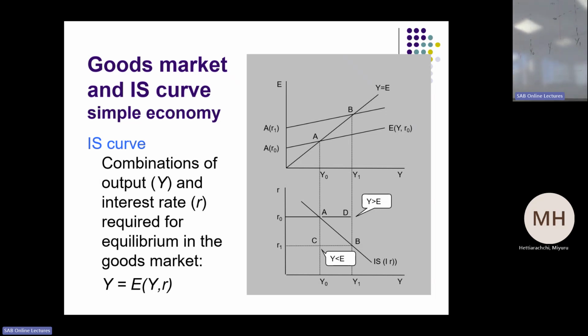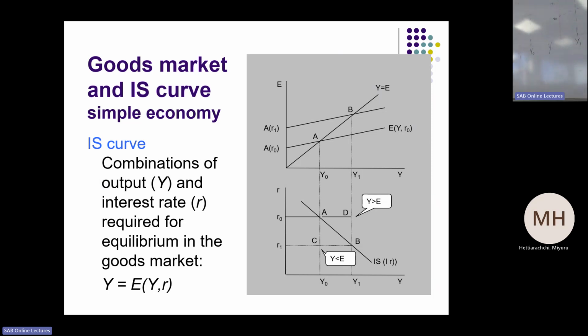So this is the R and the I, R and S, R and Y. This is the investment. This is the I equal S equilibrium. So this is the savings, S(Y minus T).